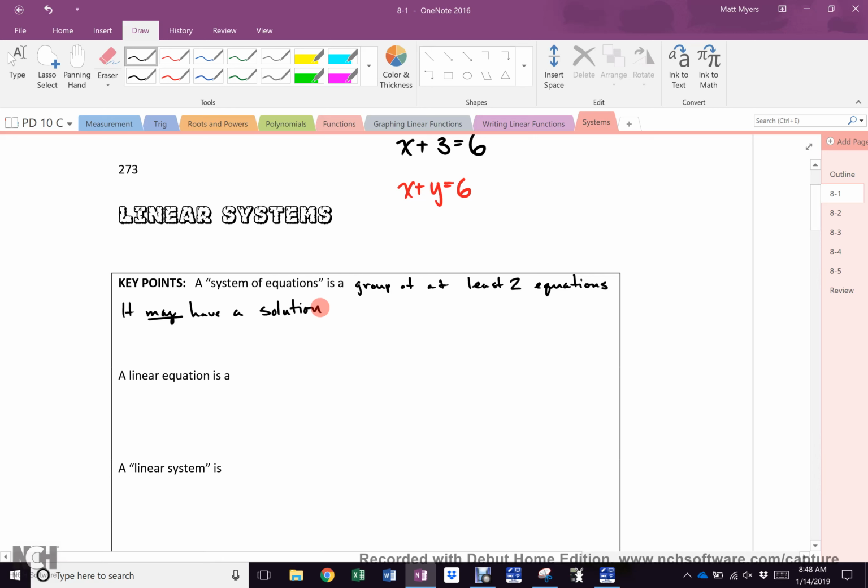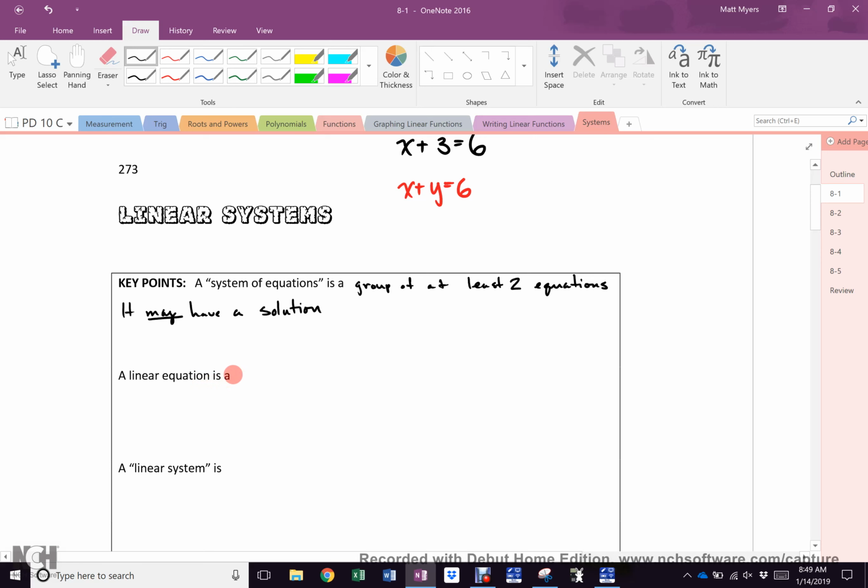All right. So, a linear equation. What's a linear equation? We've just done 3 units on it. Yes, the rate of change is constant, and it graphs a straight line.